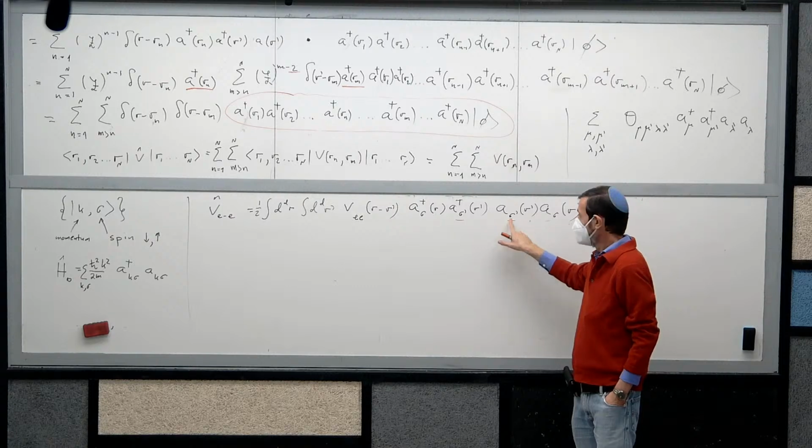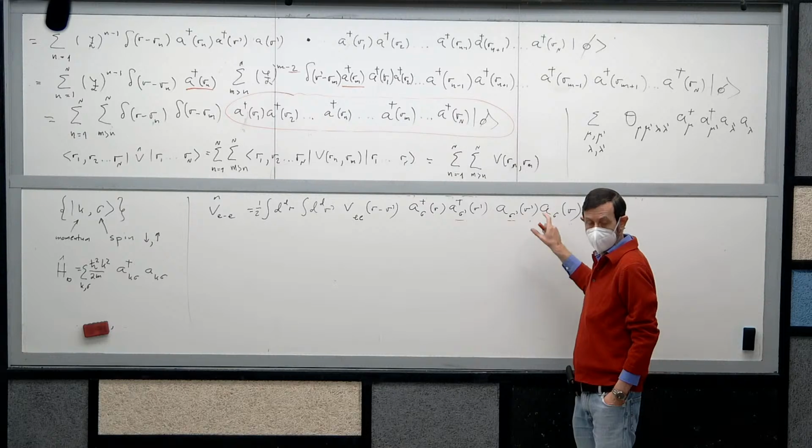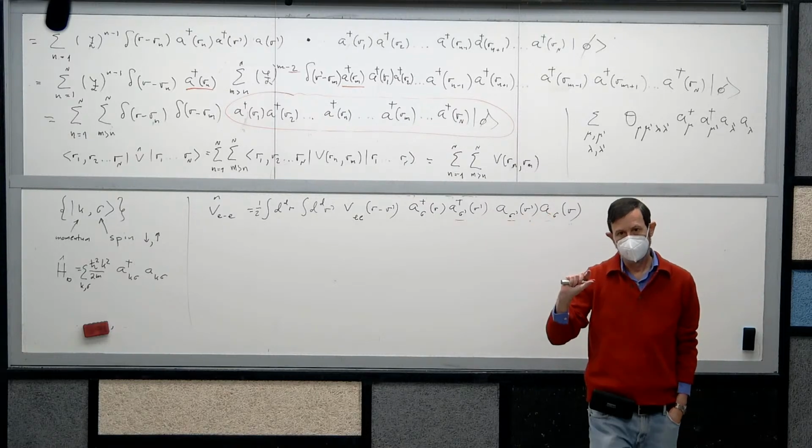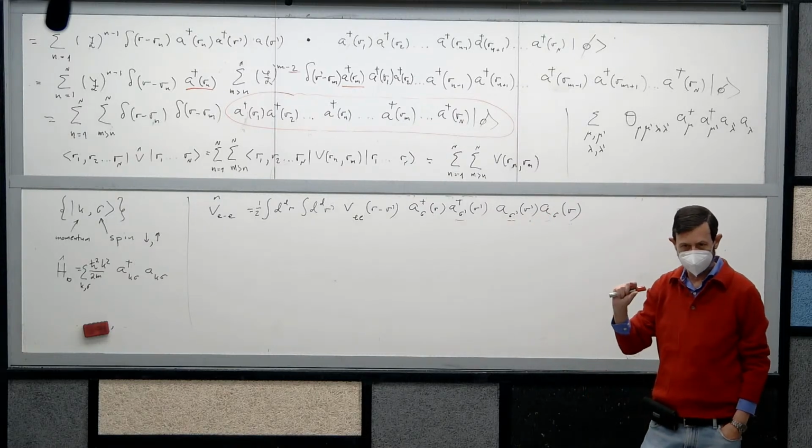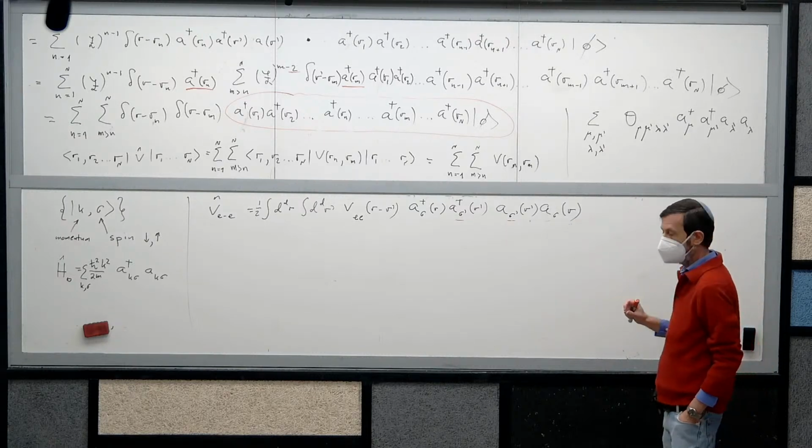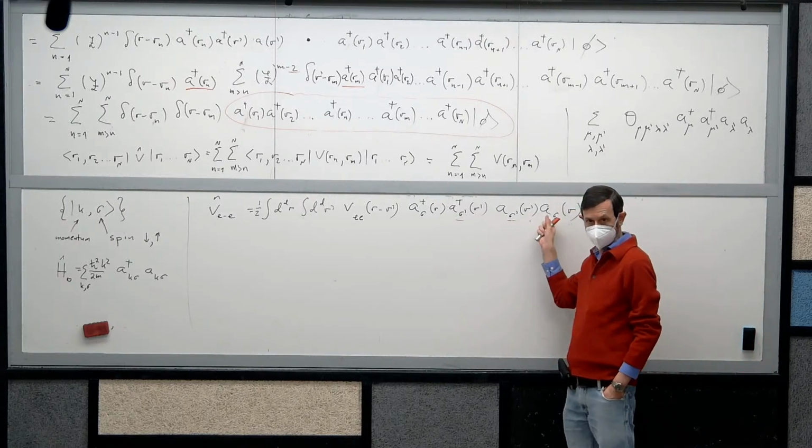What do I mean? If sigma prime is equal to sigma, I have different commutation relations to the case where sigma prime is not equal to sigma.